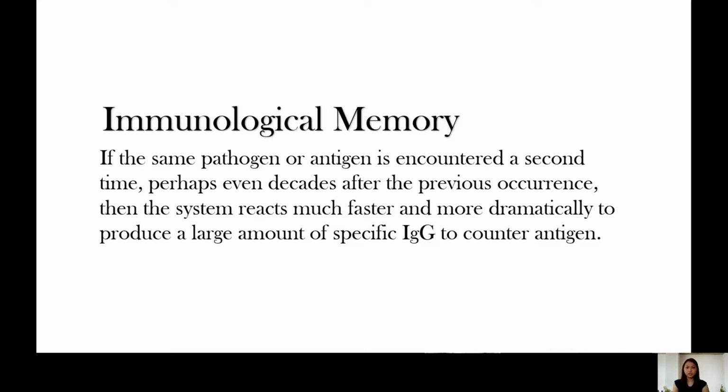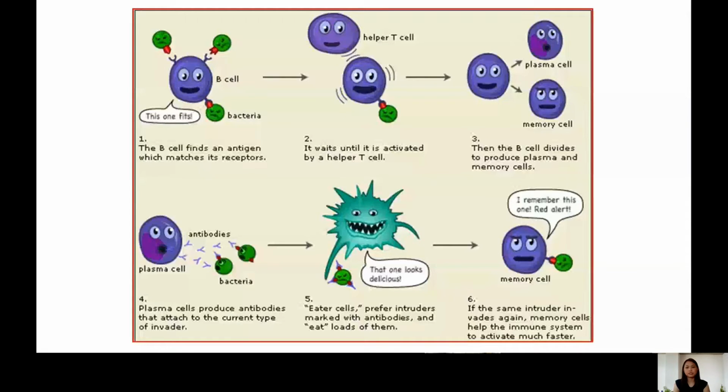So how does our immune system work? This is a diagram or a representation that can help us understand how our immune system responds, whether it's a primary response or a secondary response. First, this bluish purple cell is our B cell.